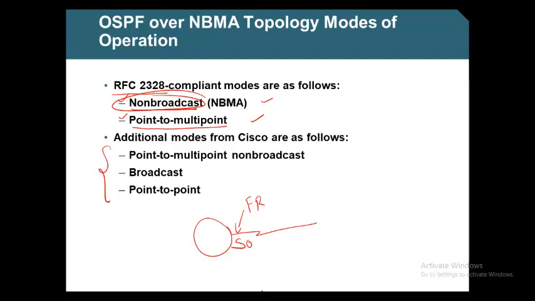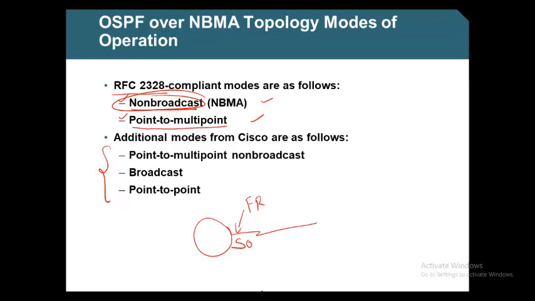When it is HDLC, you saw it as point to point. If you don't remember, go through the previous class videos. Point to point is the default under the serial link. Whether you run PPP or HDLC, the network type of OSPF is going to be point to point.